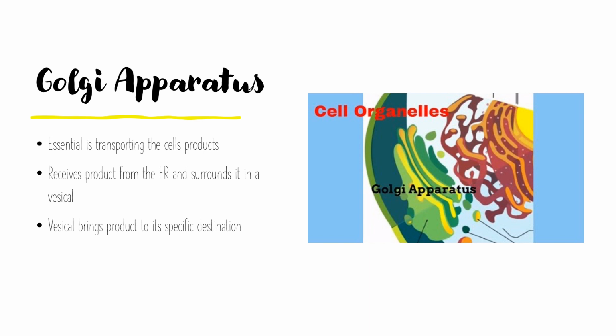The Golgi apparatus receives these proteins, lipids, and other chemicals from the rough ER and modifies and packs them into vesicles. These vesicles then pinch off and travel to three locations.